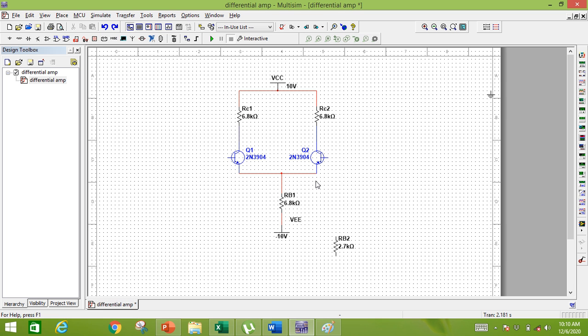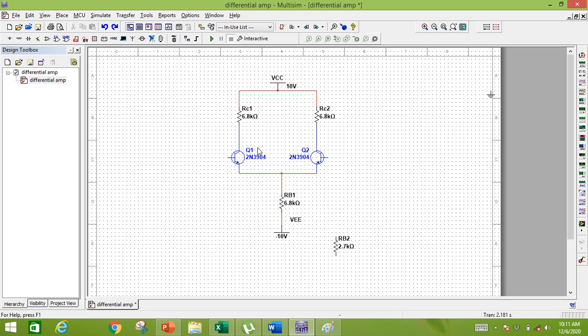It means that if we apply the voltage signal at the base of Q1, then the base of Q2 has to be grounded, and if we apply the signal at the base of Q2, then we ground the base of Q1. So by this way we will get the differential voltage gain. The differential voltage gain will then be equal to the output voltage divided by the input voltage.